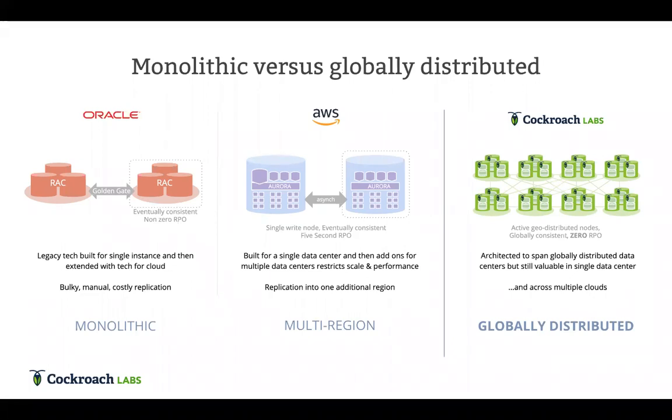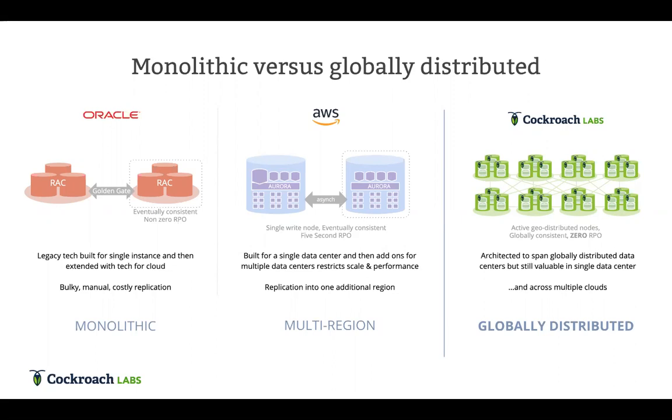The new distributed SQL databases didn't take existing technologies and say, let's make these things distributed. You've got to build from the ground up to be cloud native. If you're going to be cloud native, you've got to be built for the cloud. And that is truly the difference between the monolithic, legacy tech, which is single region, maybe 2 regions, and fully globally distributed.